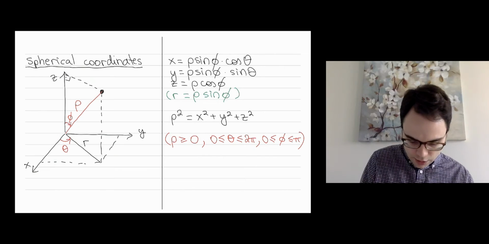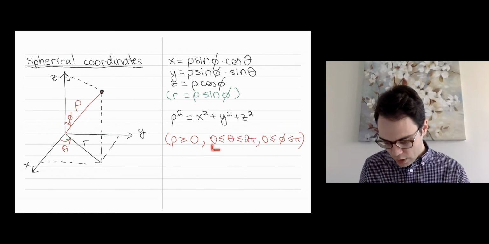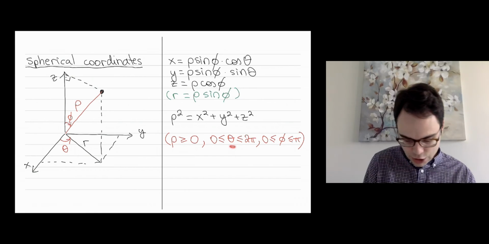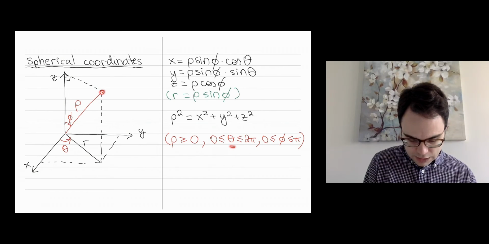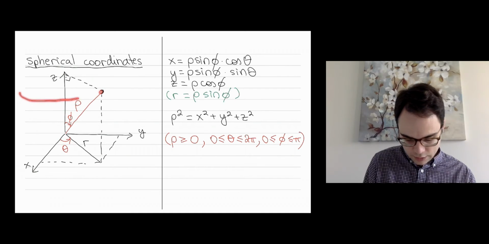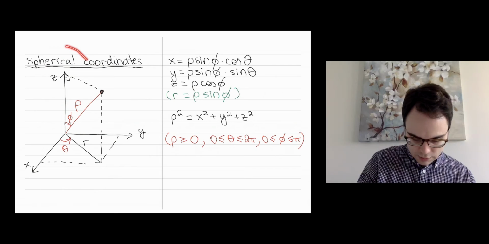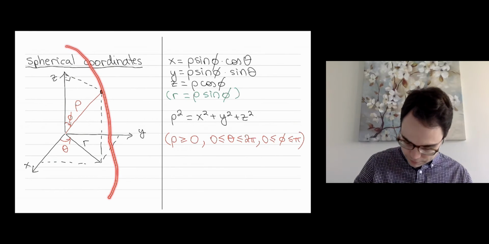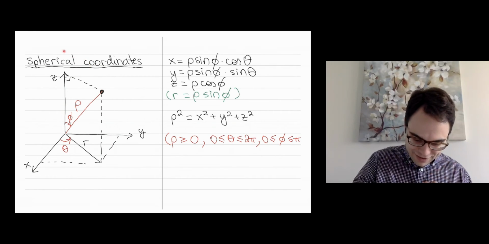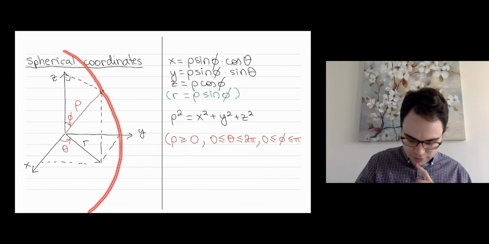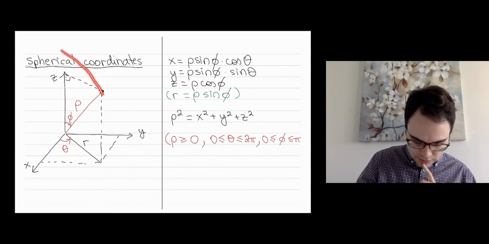Well, here's how I'm going to do it. Let me just observe that if rho and phi are fixed but theta is changing, so if I take this point, keep rho and phi fixed but only change theta, I'm going to draw out a circle like this. Now, if instead I had varied phi but fixed the other two coordinates, we'll get this half circle.